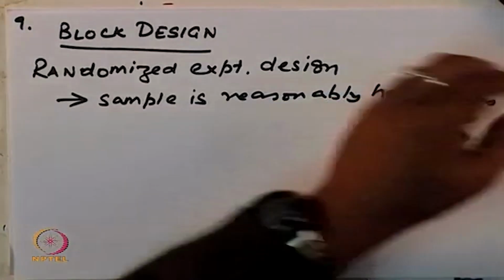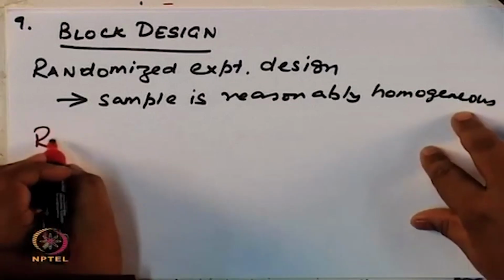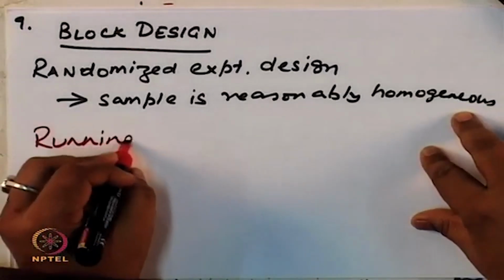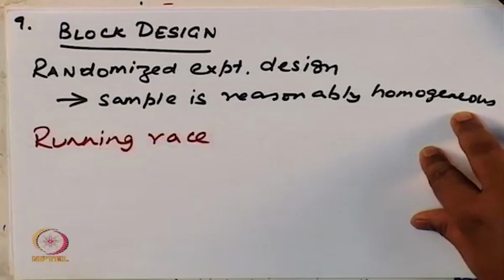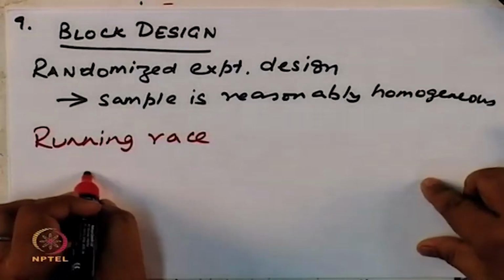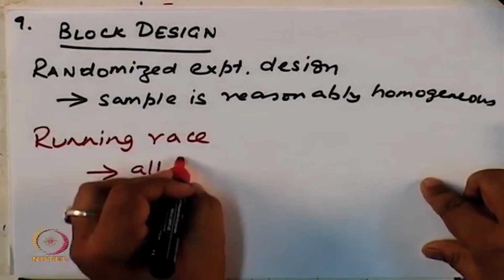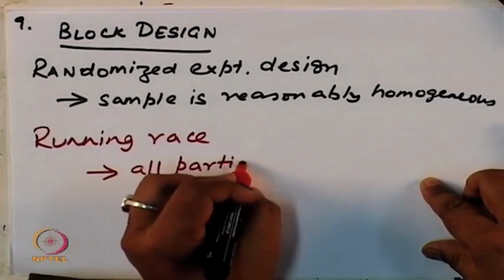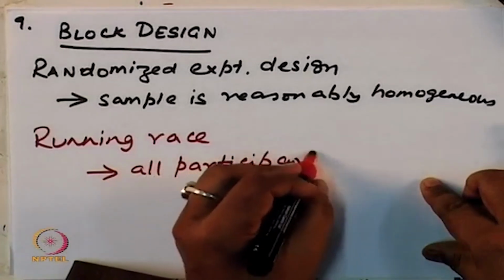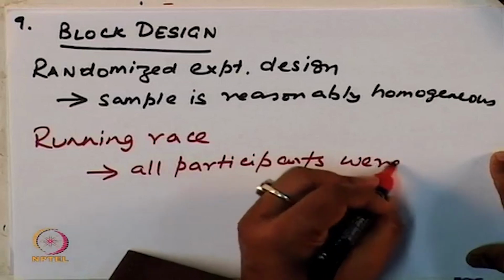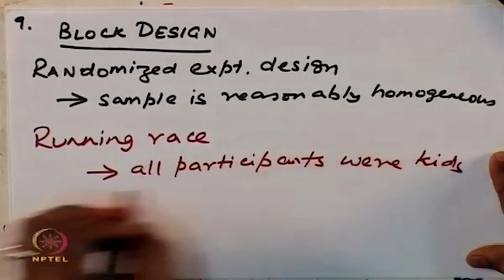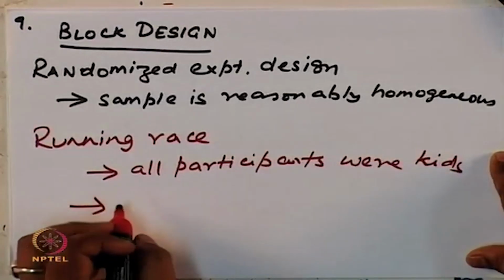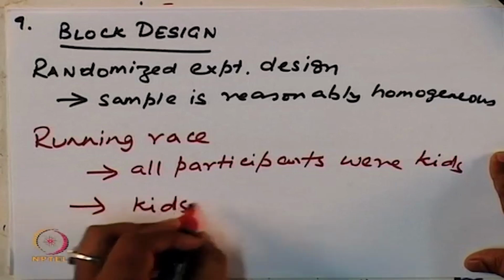For example, if you take a running race, what you measure would be very different if all participants were kids versus participants had both kids and adults.